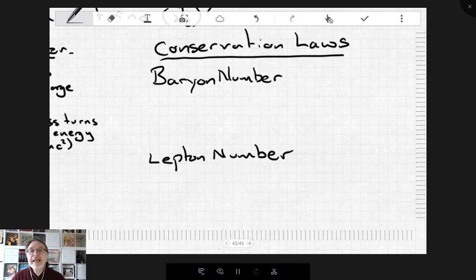So obviously gauge bosons are neither because they're something different. Leptons are not baryons and baryons are not leptons. Baryon number and lepton number only take one of three values. The baryon number for a particle is either +1, 0, or -1. And that's the only option.